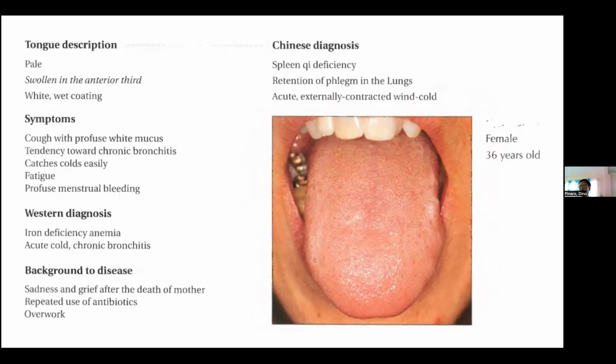There's a tendency towards chronic bronchitis, catches colds easily. There's fatigue, profuse menstrual bleeding. Western diagnosis: iron deficiency anemia, acute cold, and chronic bronchitis. Background to disease: there is sadness and grief after the death of mother, repeated use of antibiotics and overwork.